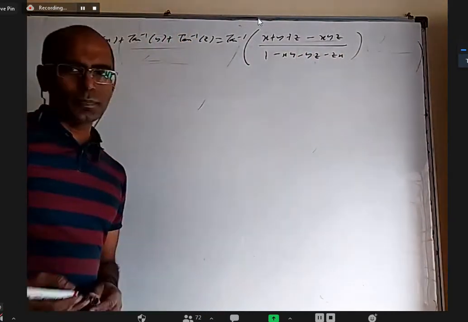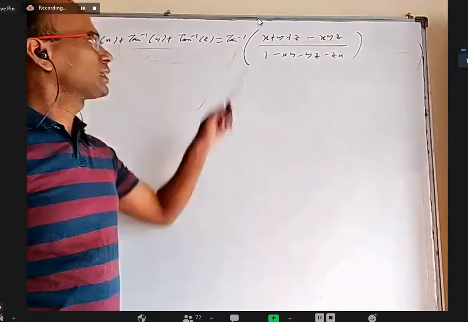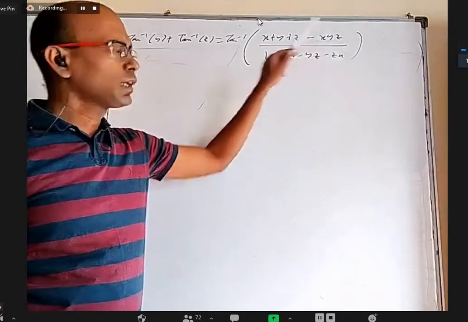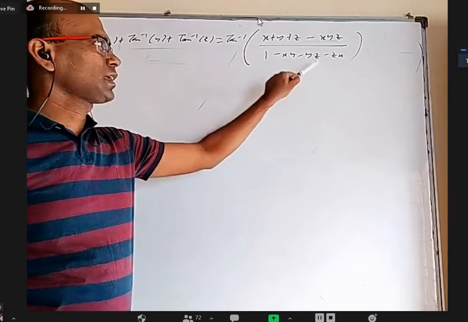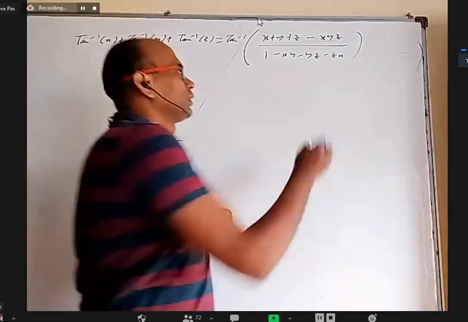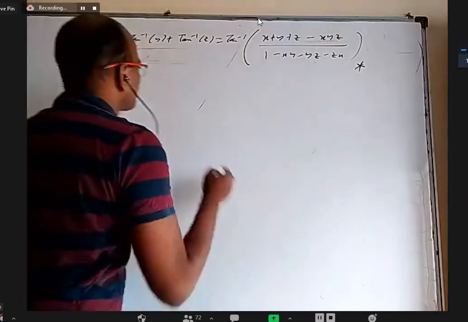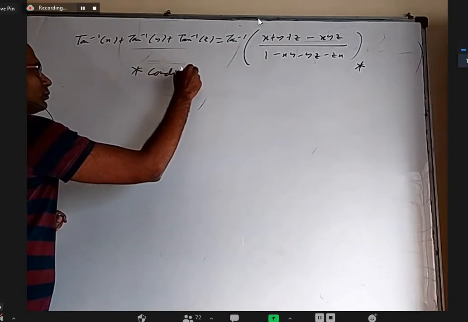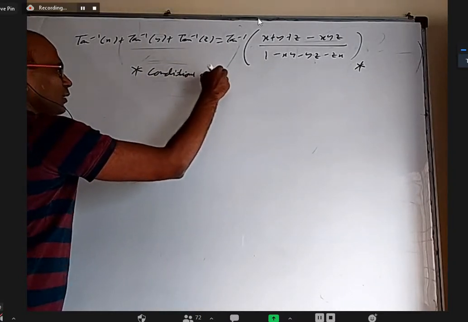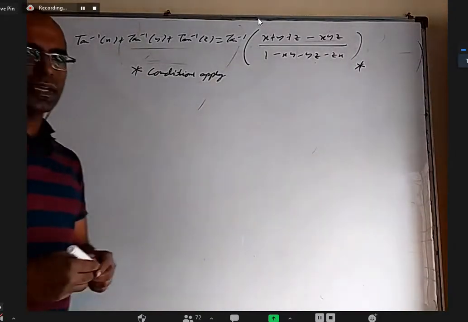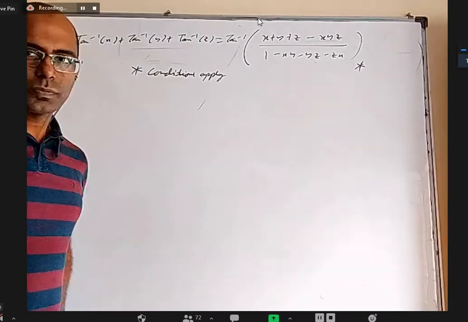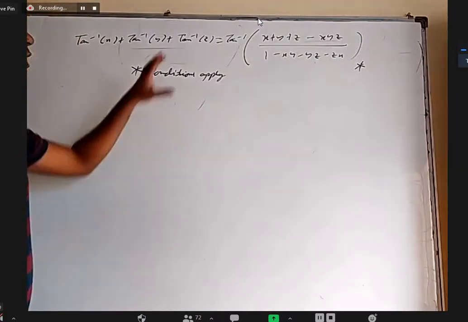That is because the formula for tan(a plus b plus c) is (tan a plus tan b plus tan c minus tan a tan b tan c) by (1 minus tan a tan b minus tan b tan c minus tan c tan a). Nothing wrong. But just put a star here. Star means conditions apply. I'm not telling what the conditions are. Maybe x should be positive, y should be positive, z should be positive. And obviously this formula will be wrong otherwise.